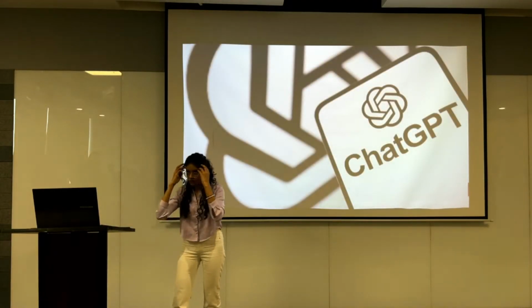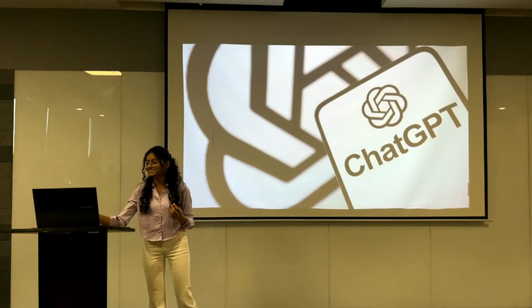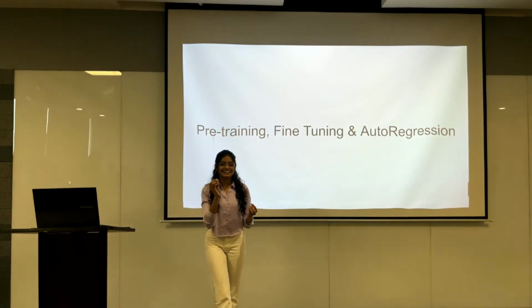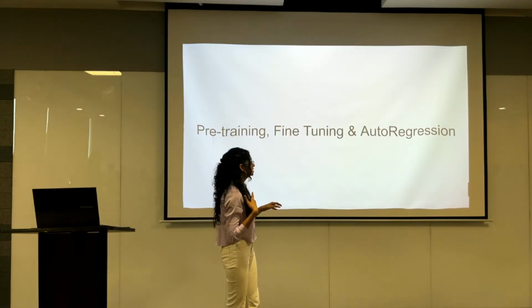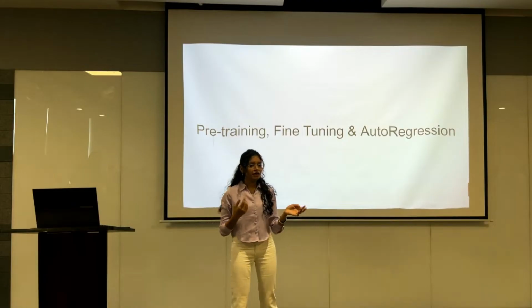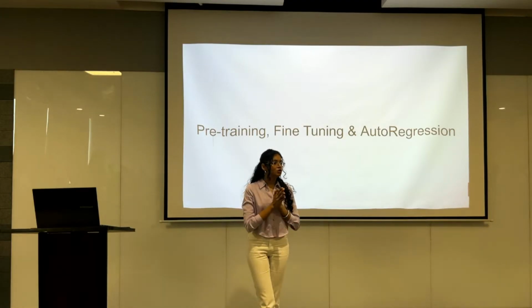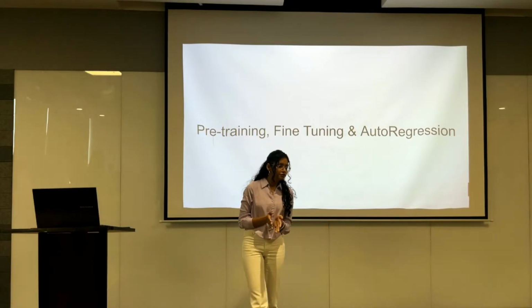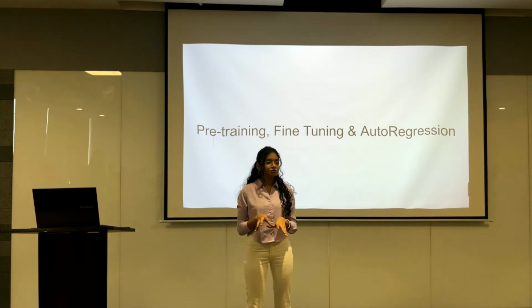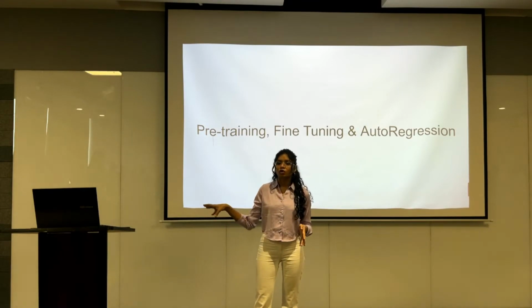Okay, now I'm going to explain a little bit about how ChatGPT works. So they started with pre-training, where they took data from the internet and directly put it into the model and then trained the whole model.